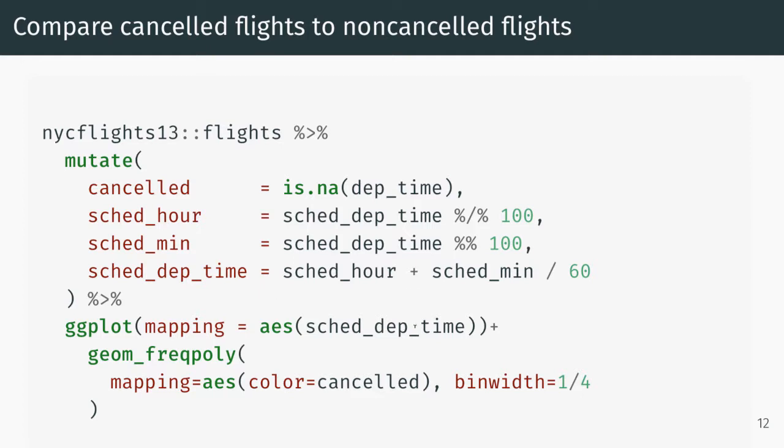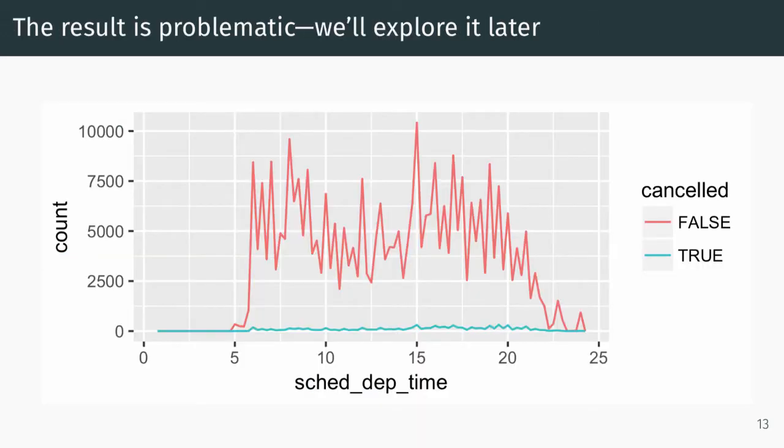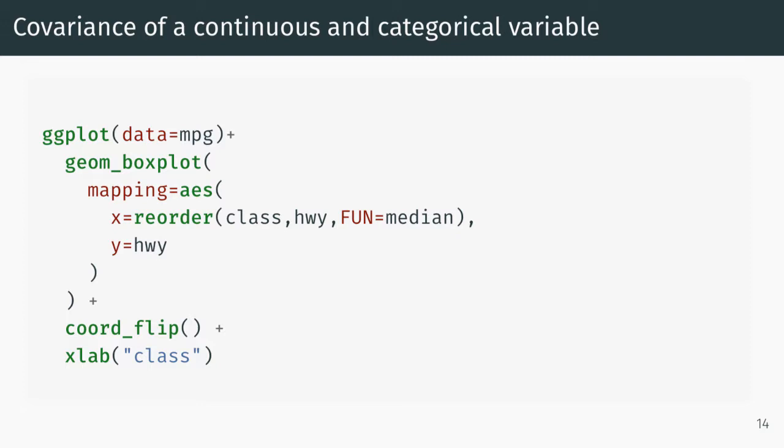So we then get scheduled departure times, and here's the mapping with a frequency polygon, and this result is a problem. There's so much variability in the non-canceled flights that it totally dominates the canceled flights, and it's hard to see a pattern. We'll discuss the NYC flight data later. Not today, later, another day.